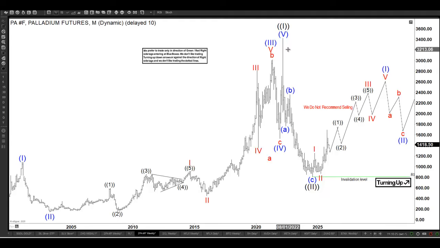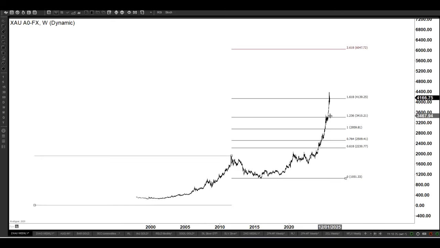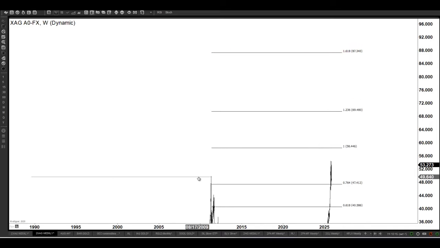Because when I bought a lot of physical gold in 2014, my target in gold was around 3,500. Now it's 7,000. Why? Because the market's talking. Why? Because silver went to those highs.